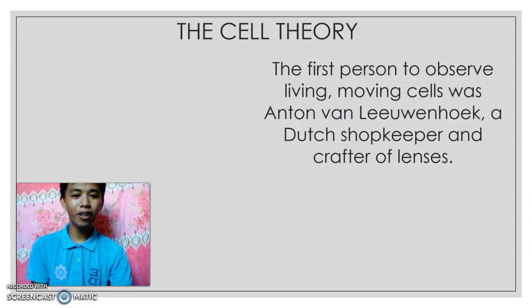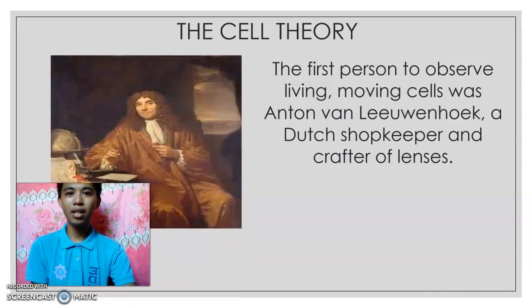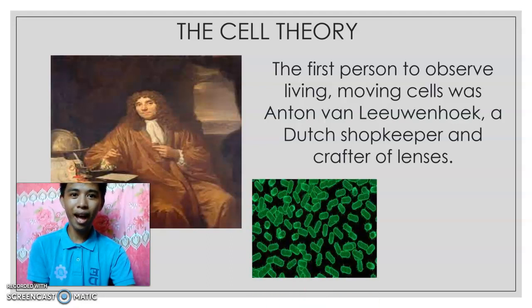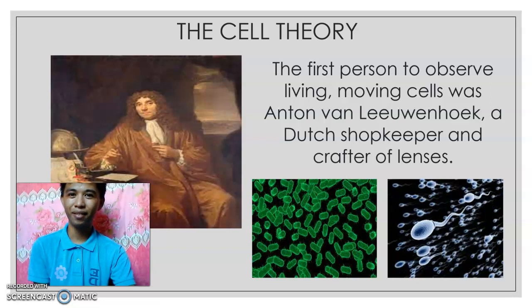The first person to observe living, moving cells was Anton van Leeuwenhoek, a Dutch shopkeeper and crafter of lenses. In the 1670s, he began to build his own powerful microscopes. With these, he was able to see living single-celled organisms such as bacteria and sperm cells, which he called animalcules.